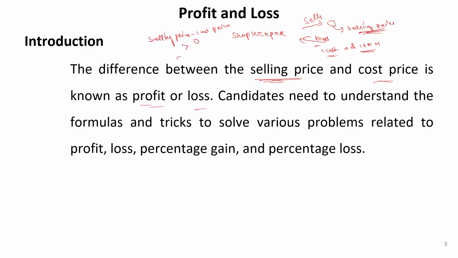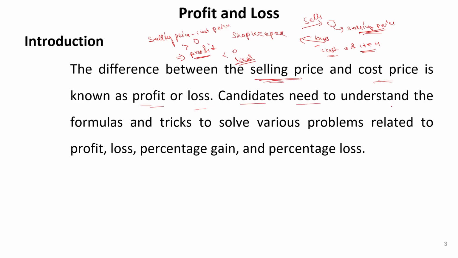If this is greater than 0, this implies profit. We can say he is in profit if he gets more money after deducting all the money that he spent on buying that stuff. If selling price minus cost price is less than 0, then we say he is in loss. That's when we calculate the loss.